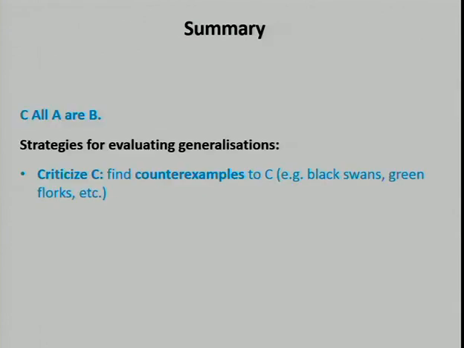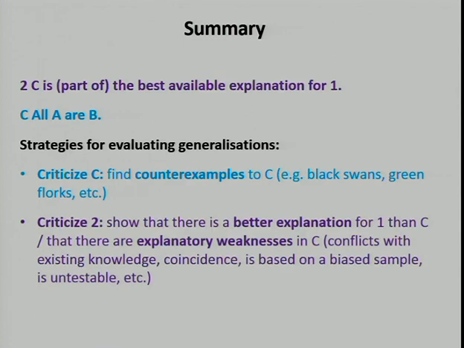So summary, evaluating generalizations. Strategy 1, find counterexamples to the general principle, in this case to the conclusion, right? All A are B. If there are cases like that, either adjust the general principle or give it up. Strategy 2, is it really the best available explanation or even a good one?